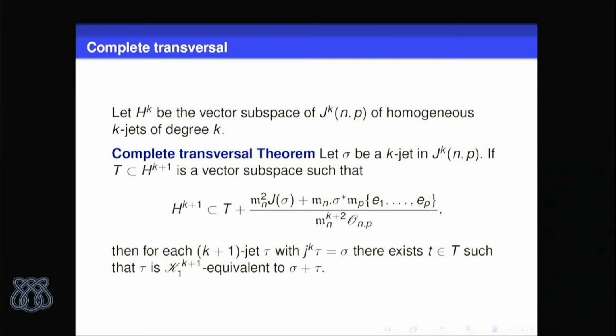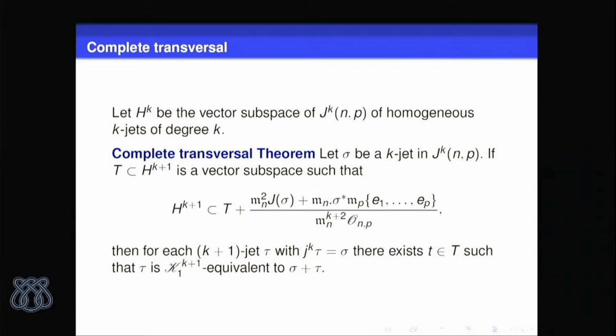What is written here is the jet version of the tangent space, but you see there is a square here, because in order to apply the theorem we need that the diffeomorphism has one-jet identity. So that's the reason we have this M2.